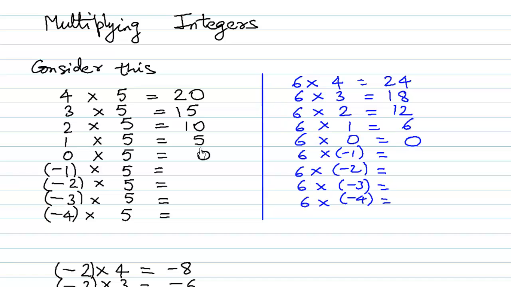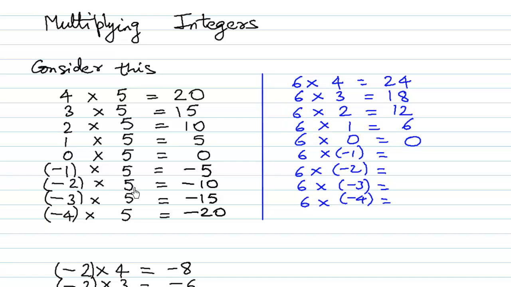So if you go further, you'll see that the next number should be 5 less than 0. So it should be negative 5. And then 5 less than negative 5 is negative 10. And then further it should be negative 15. And then negative 20 and so on. So if you look at the answer, negative 1 multiplied by 5 gives us negative 5.